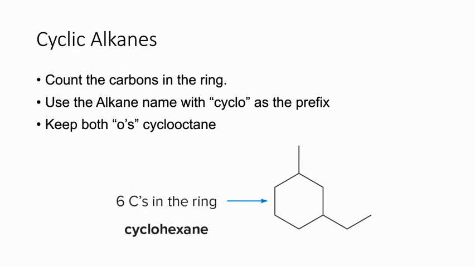So we could either count this as 1, 2, 3, 4. Okay, we're down to 4. Or we can count this as, let's change color, 1, 2, 3. So what is this group? This one has 2 carbons, so this one's an ethyl group. This one's a methyl group.